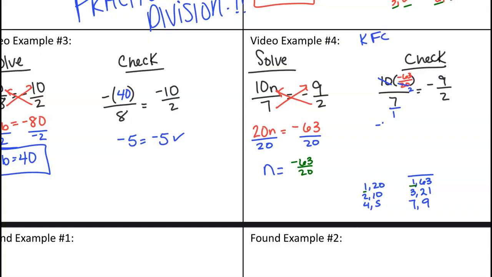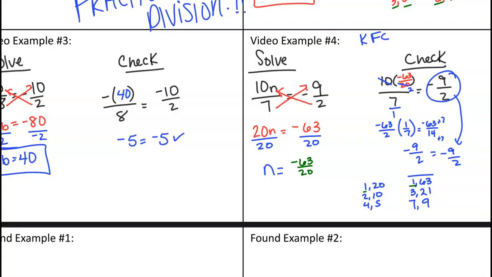So now we have negative 63 over 2 times 1 over 7. So we have negative 63 over 14. 7 goes into both of those, so we divide by 7. And 63 divided by 7 would be 9. And 14 divided by 7 would be 2. And there's a negative sign.